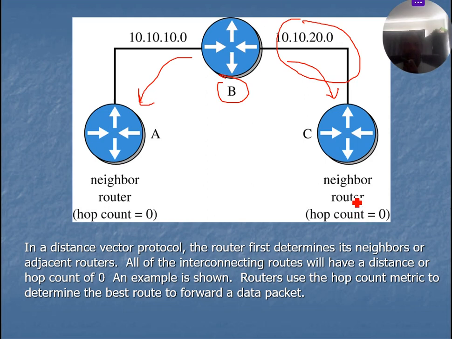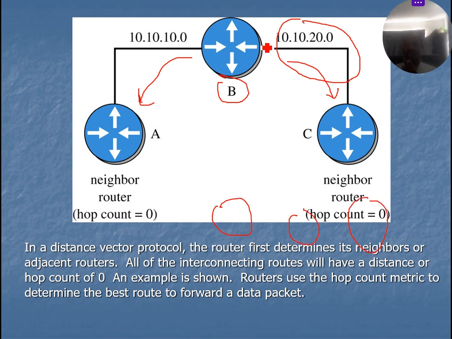Right? Okay. Now, routers use the hop count metric to determine the best route to forward a data packet. So if a router wants to forward a data packet, it has to look at the hop count metric. How many hops will it pass through before it reaches the destination? Assuming the destination is here, maybe from here to here is 1, and maybe there's another router here, another router here.